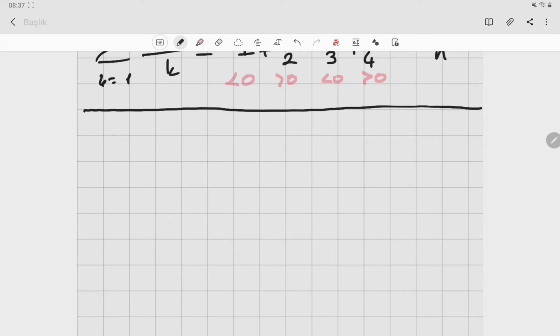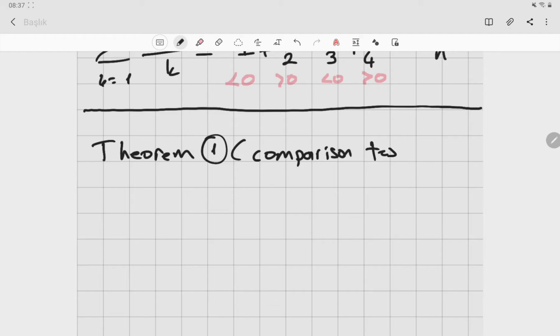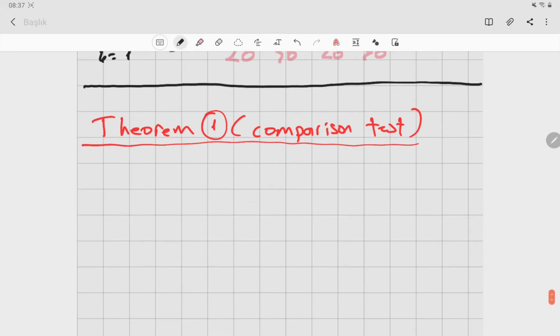Let's write here theorem 1. Okay, comparison test.